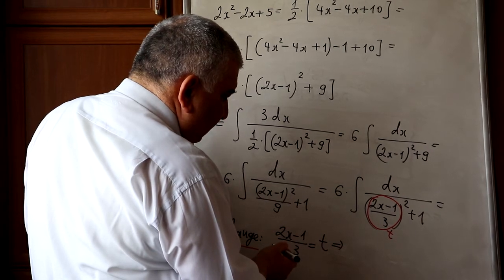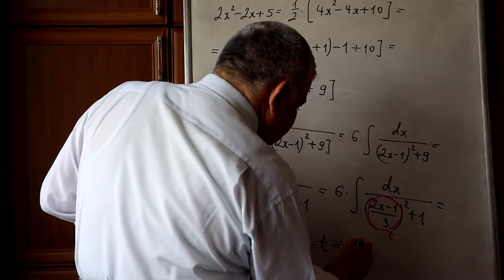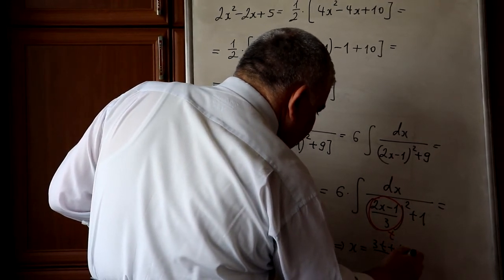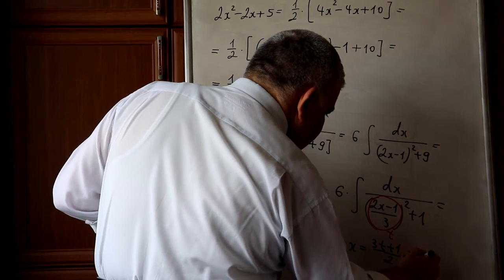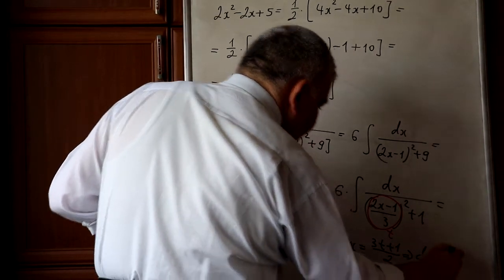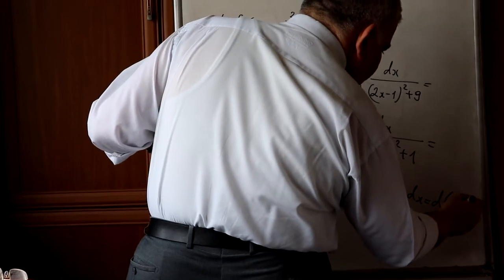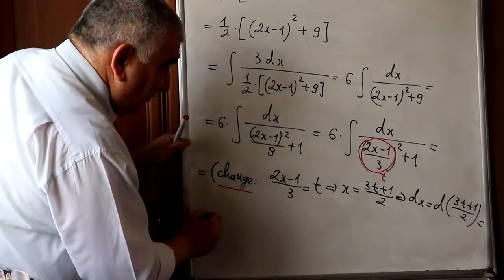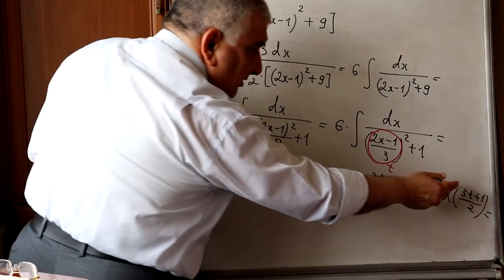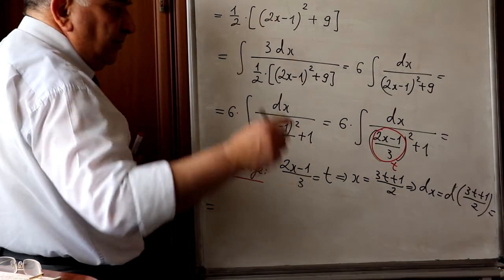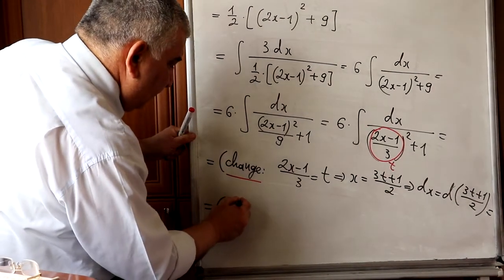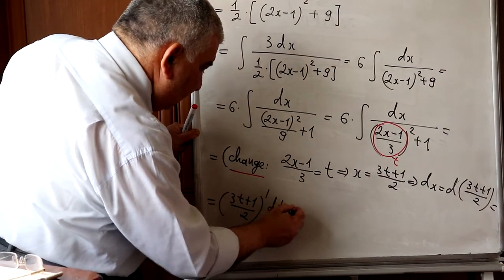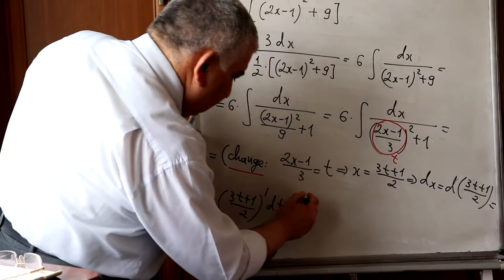X is equal to 3t plus 1 in half. And then find the dx. Dx is equal to, according to the differential formula, the derivative of this expression multiplied by dt. 3t plus 1 over 2 prime dt. And the derivative of this function is 3/2 dt.